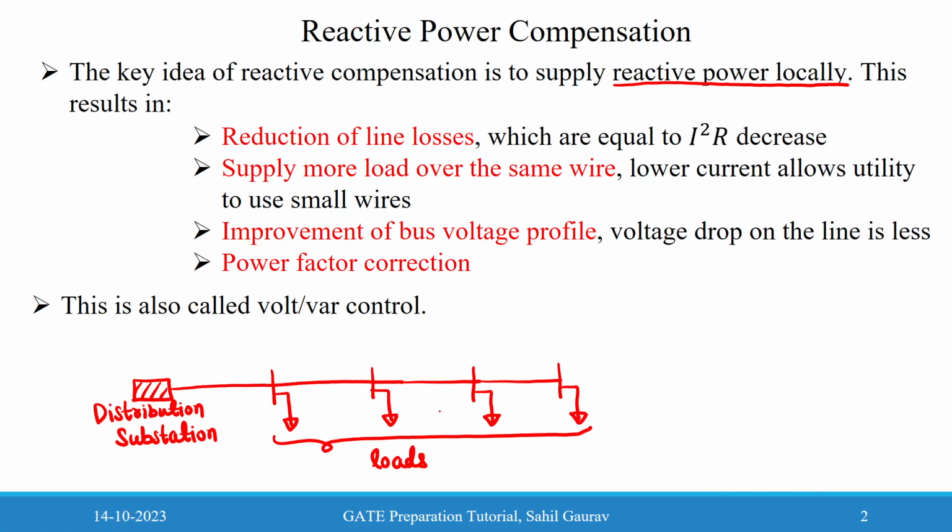So these are the passive type of loads. There is no distributed generation, because nowadays, due to renewable energy integration, we may have distributed generations. So these are the passive type of loads only that demand both active and reactive power.